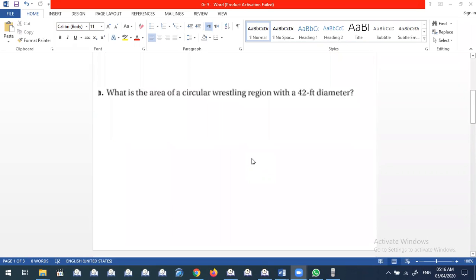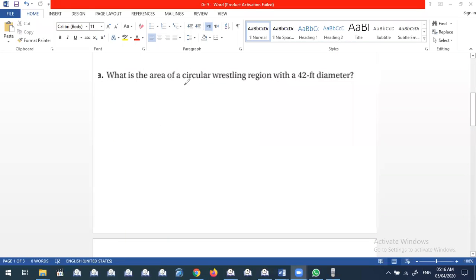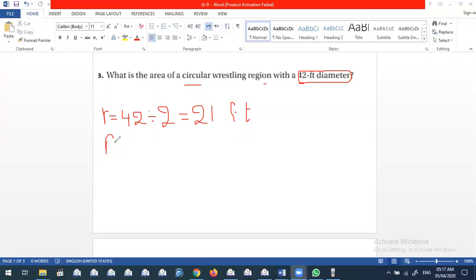Another exercise here. What is the area of a circular wrestling region with a 42 feet diameter? Also, I have the diameter. First, you have to find the radius. The radius equals the diameter divided by 2. So 42 divided by 2 is 21. So now we have the radius. How can we find the area?